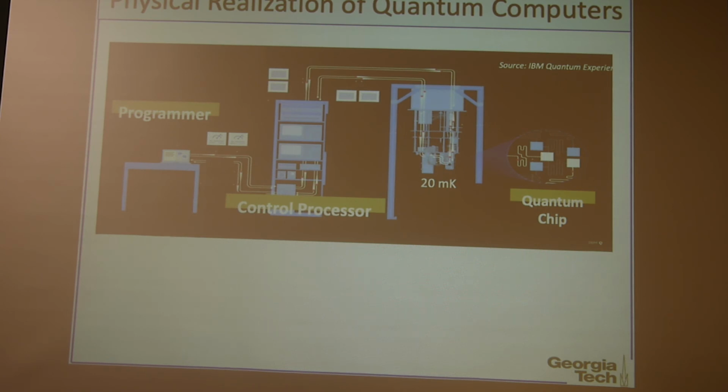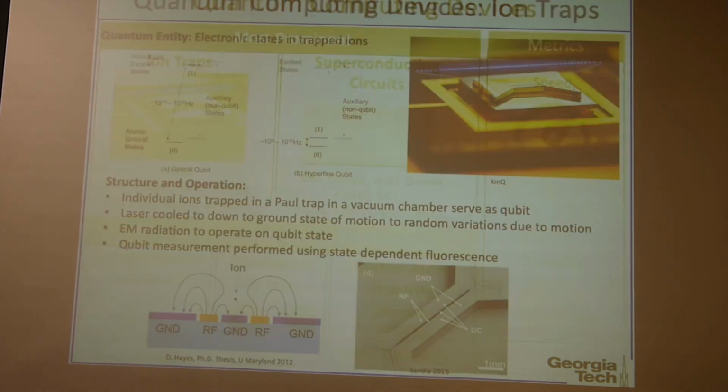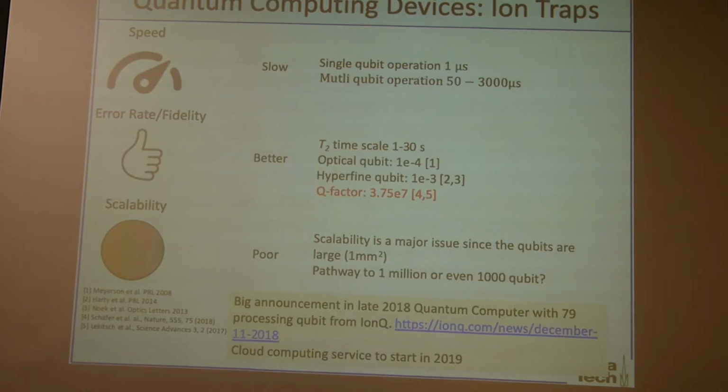Basically, programming and reading the qubits is extremely slow. All right. So that's the trade-off. If you want a low noise qubit, controlling it is very hard. If you have a qubit that is very easy to control, it is very noisy. So these are all the challenges that are there in quantum computers.